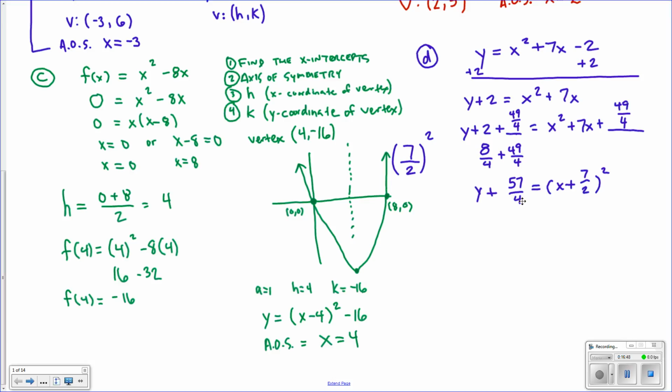Last step, go ahead and subtract the 57 fourths from each side. And we will end up with y equals the quantity of x plus 7 halves squared minus 57 fourths.